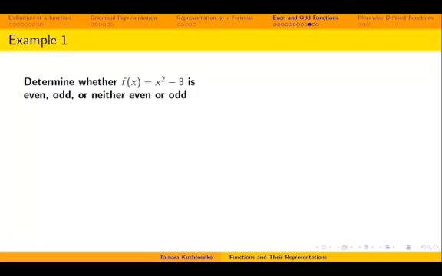Let's determine whether the function x squared minus 3 is even, odd, or neither even nor odd.